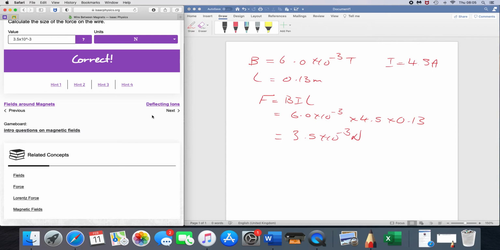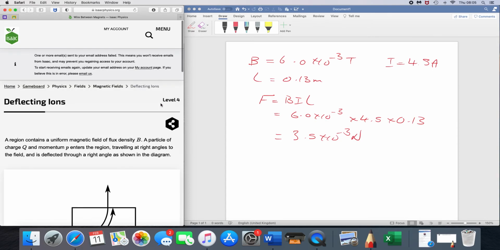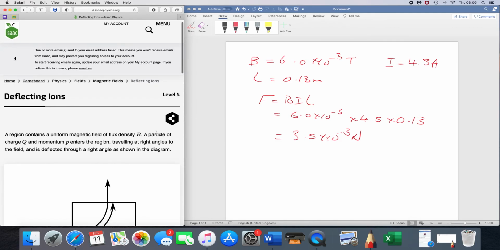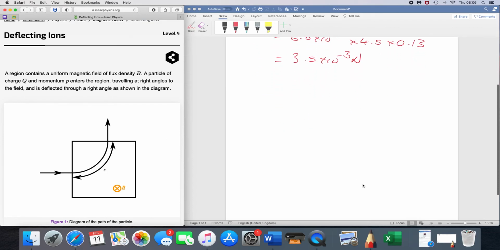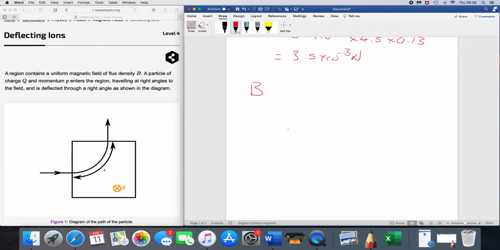Then we have deflecting ions. So here we're looking at not F equals BIL, but BVQ. So we have a region containing a uniform magnetic field, flux density B, particle of charge Q, traveling at right angles to the field, deflected as shown.